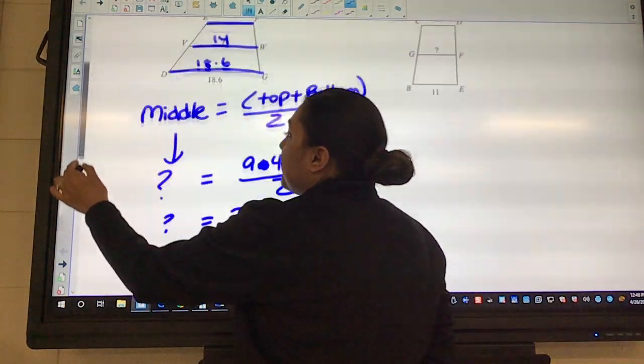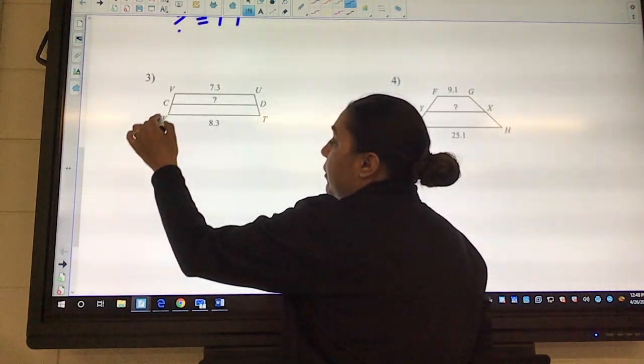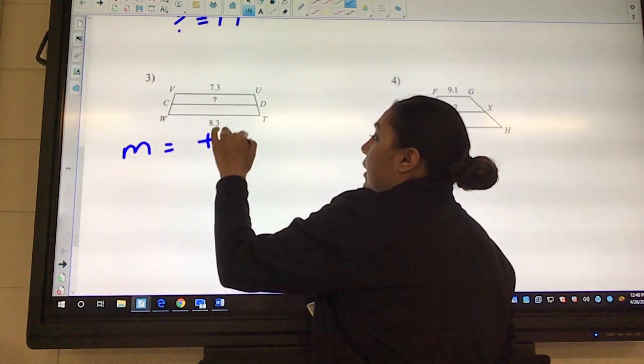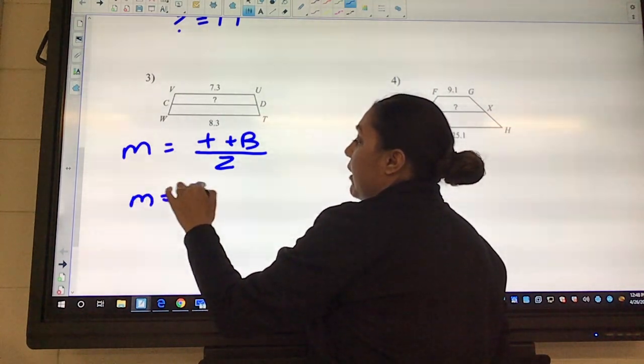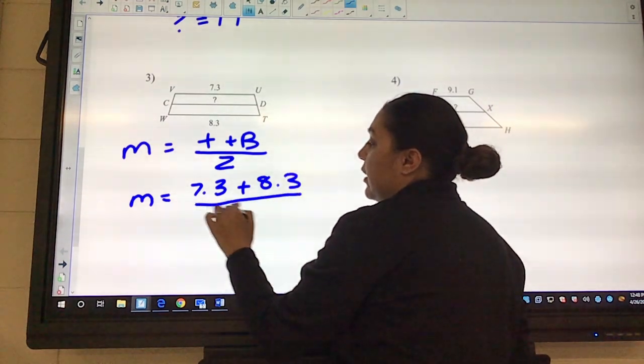So if we look at 3, we say the middle, which is our question mark, equals the top plus the bottom divided by 2. So the middle equals 7.3 as the top, plus the bottom is 8.3, divided by 2.